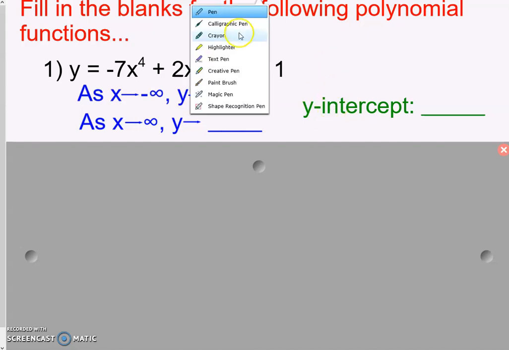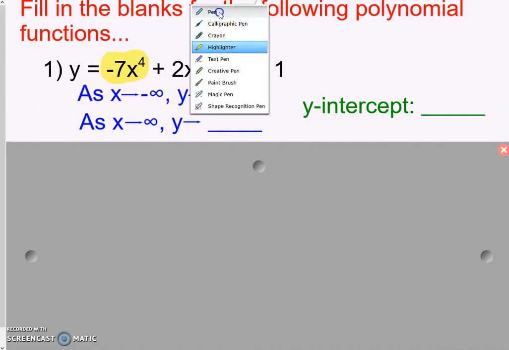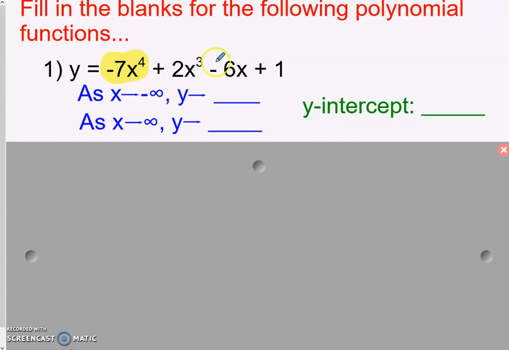So if we think about end behavior, again, end behavior is all determined by this leading term, this term out in front. And if we imagine, I guess I need to grab a pen here, if we imagine that x is a negative number, so what does y become when x is a negative number? So I'm going to put negative 7 times a negative number to the fourth power.